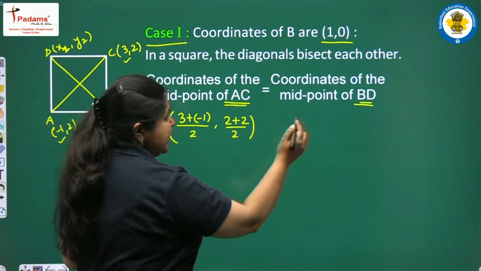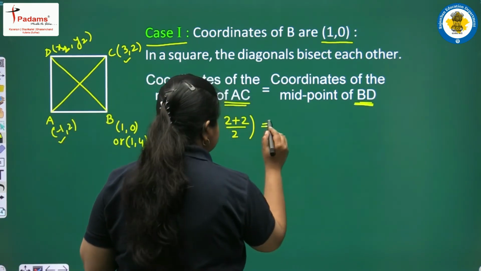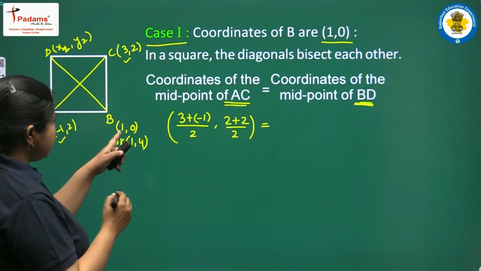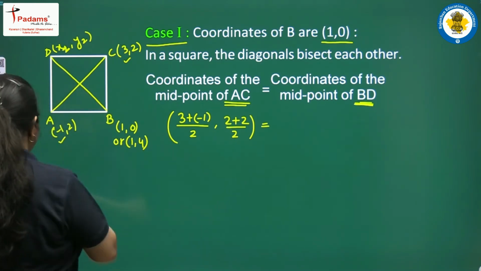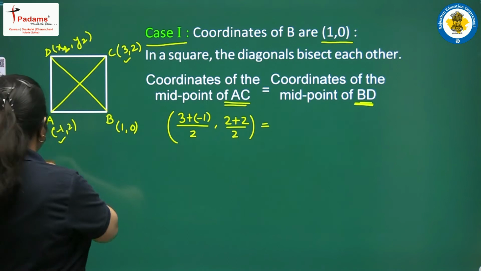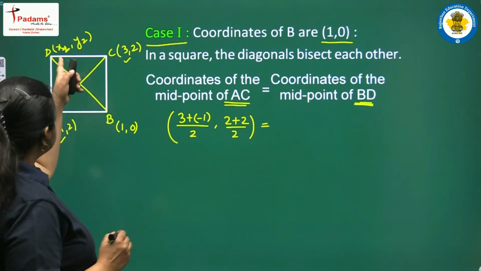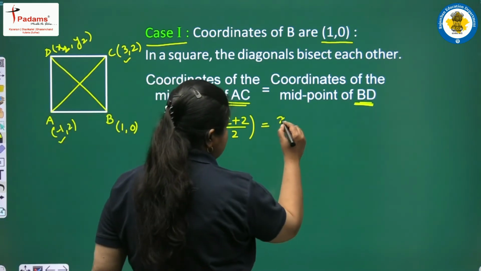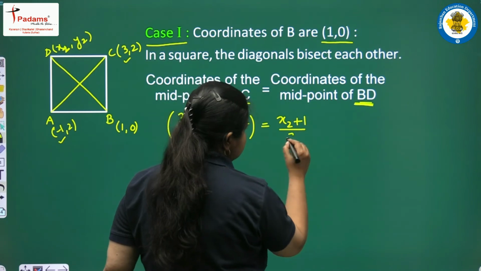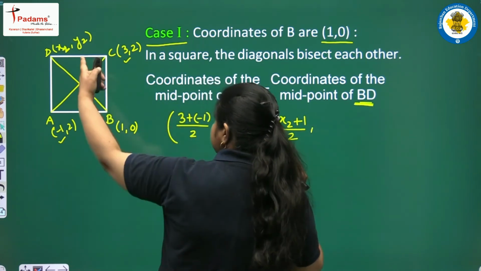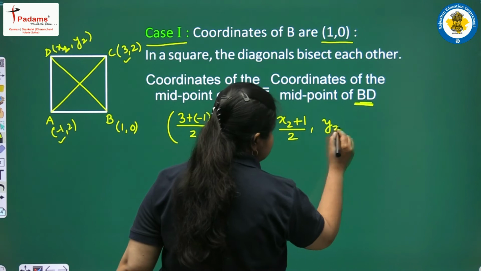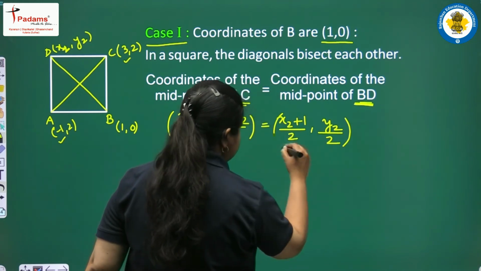अब इसी तरह से BD के मिड पॉइंट के कोऑर्डिनेट्स लिखते हैं हम. वो कैसे मिलेगा? देखिए यहाँ पर हम ले रहे हैं 1, 0. अभी इसको रिमूव कर देते हैं जिससे कोई कंफ्यूजन ना हो. (1 + x2)/2 और साथ ही साथ (0 + y2)/2 या कह लीजिए y2/2. यही बचा.